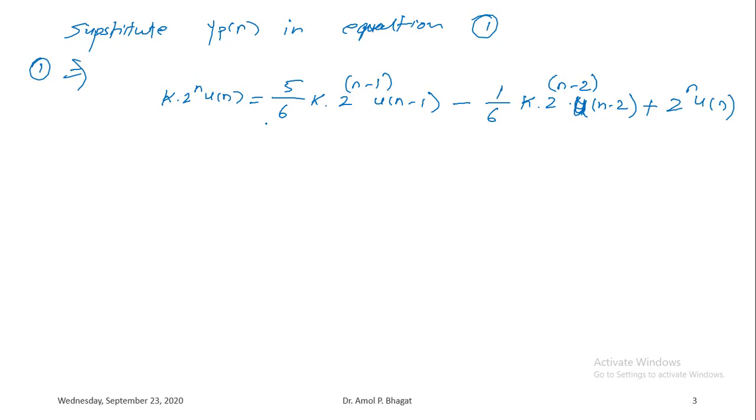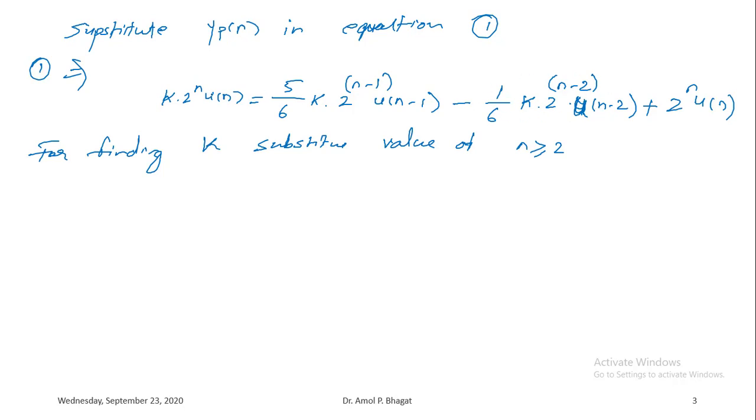So for finding k, substitute value of n greater than or equal to 2. Why greater than or equal to 2? If I am substituting n equal to 1, it will be u of 1 minus 2, that is u of minus 1, and u of minus 1 is 0, so this term will vanish.